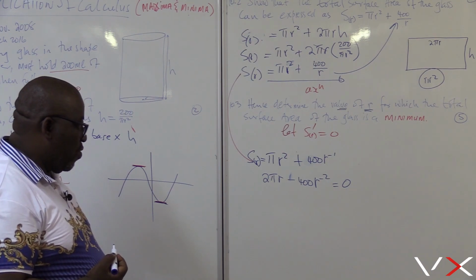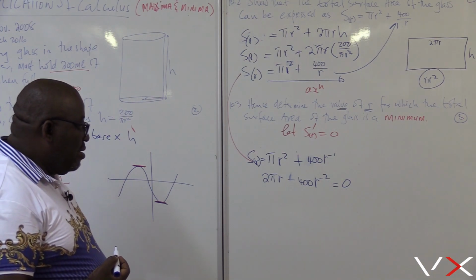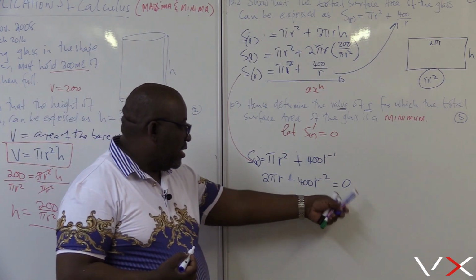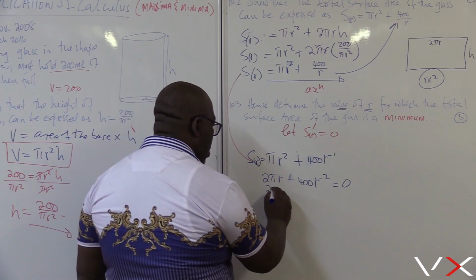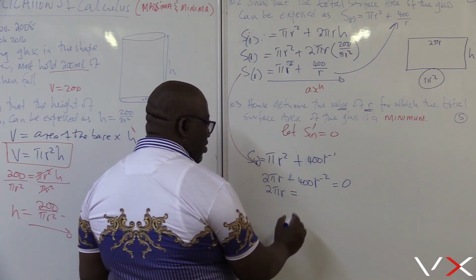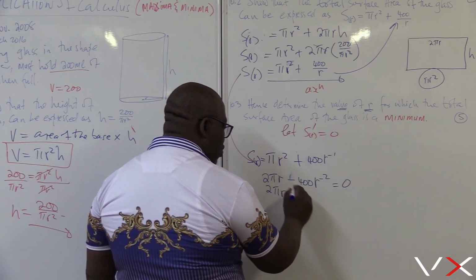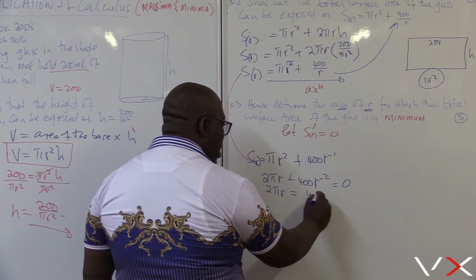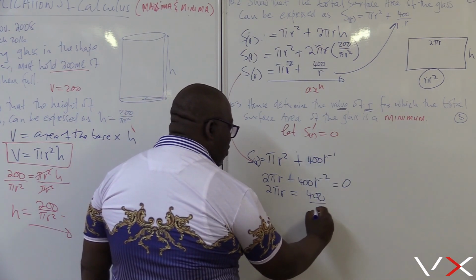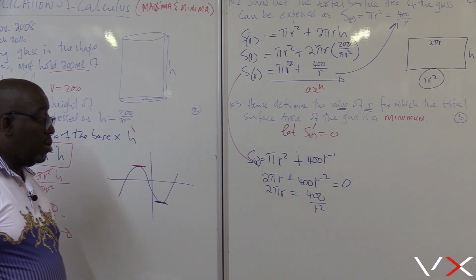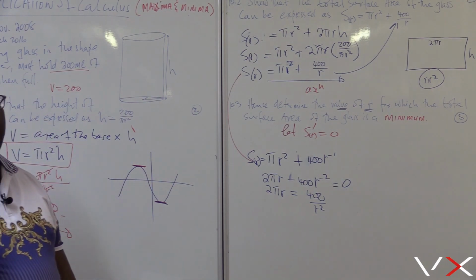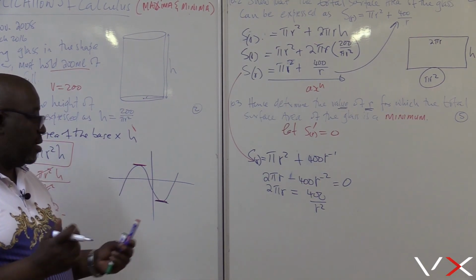What do we do now? Let me take this side. It will be positive, so I have 2 pi r equals plus 400 over r squared. Remember that I'm looking for the value of r. Let me put all the r's together.